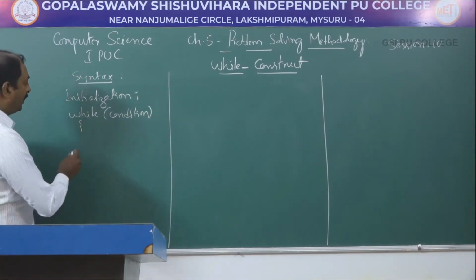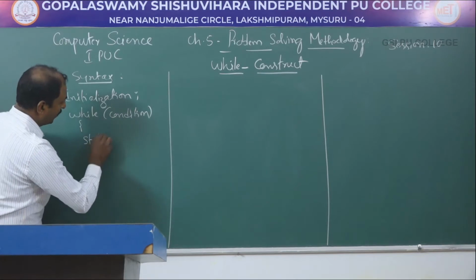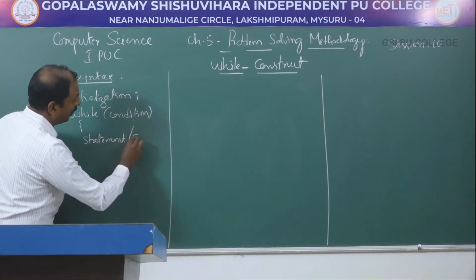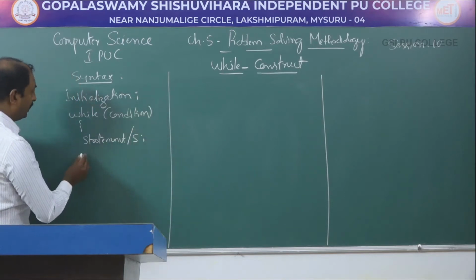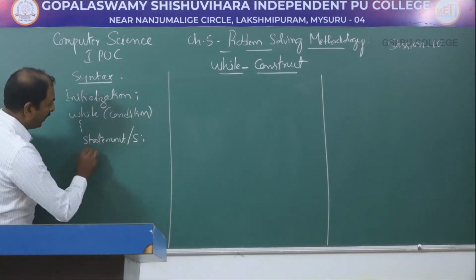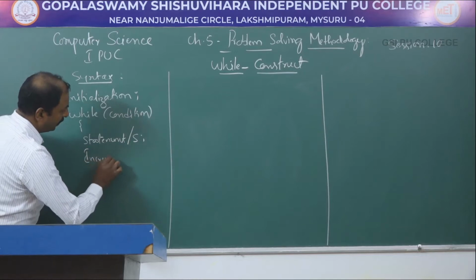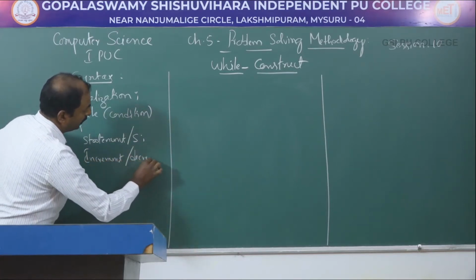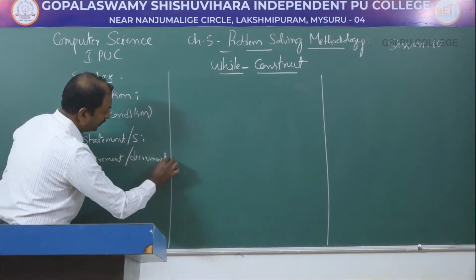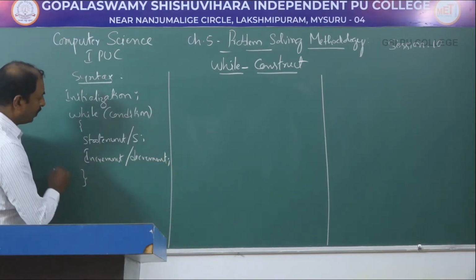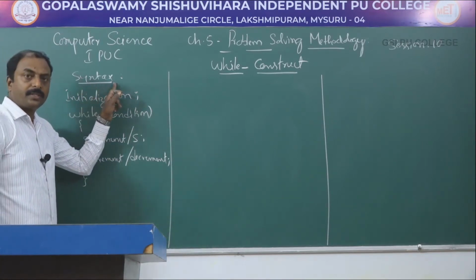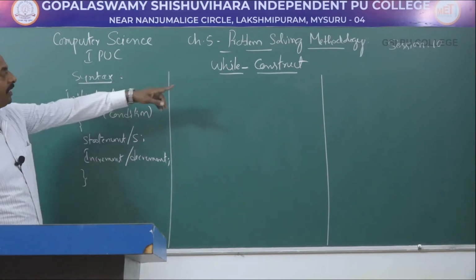Open the bracket, and here we can write a statement or statements, and after this we will have either an increment statement or a decrement statement, with a semicolon. Then we have to close the bracket here. Students, this is the syntax of the while construct.